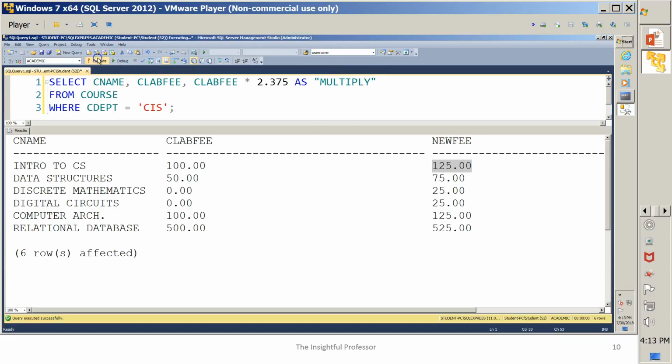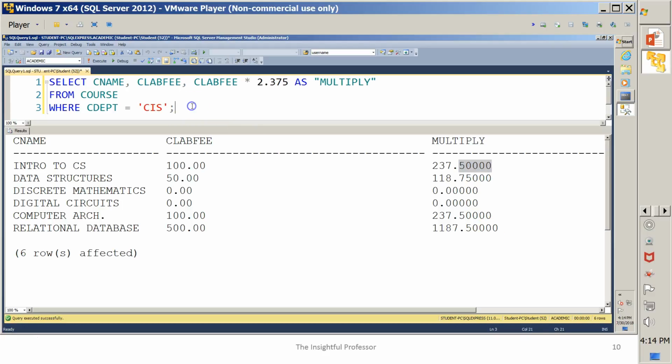When we go ahead and fire this up, what happens is we had a 2-digit decimal value in lab fee, and we multiplied it by 2.375, 3 digits to the right of the decimal point. The result is every value is shown with 5 digits after the decimal point. So there's consistency with respect to how the values are rendered or displayed in the output. That's the difference that we see in terms of presentation.